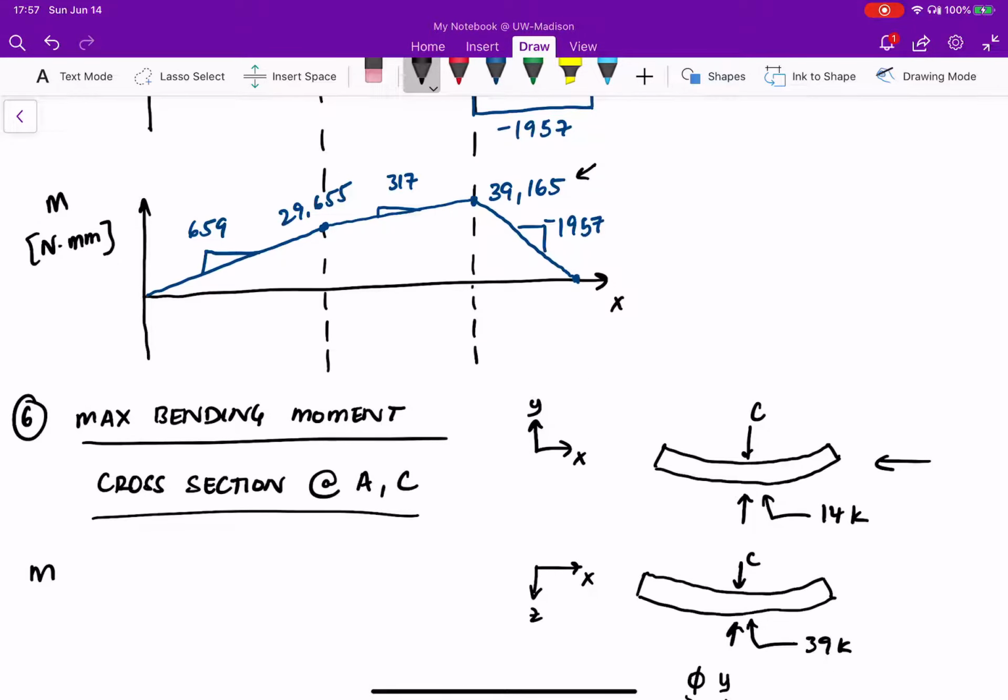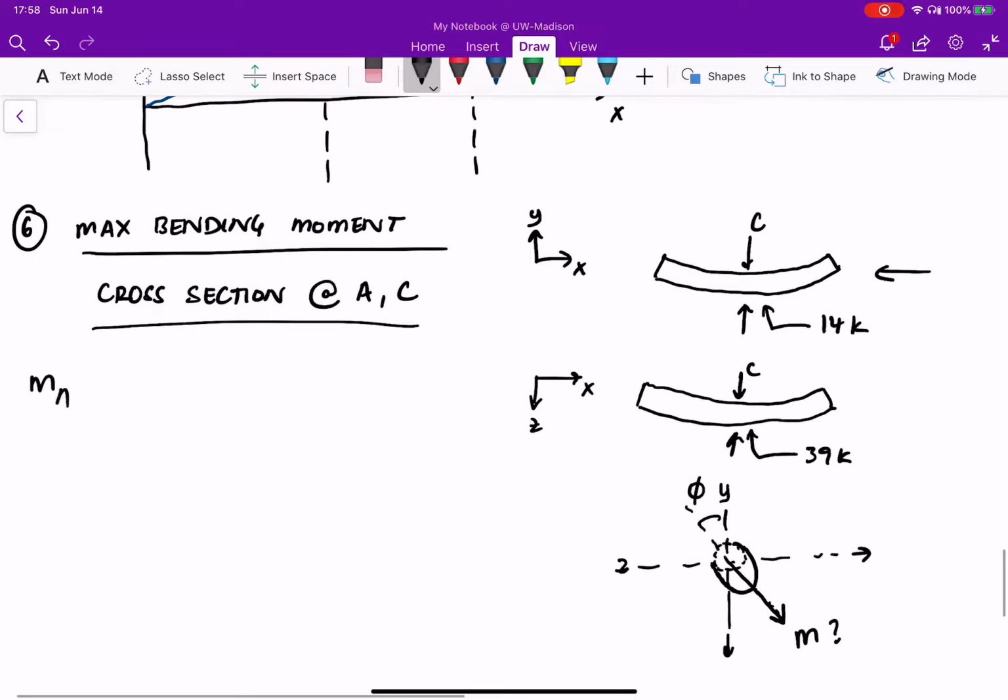There's a possibility that the maximum value could be somewhere in the middle, but for the purposes of this class, we're always going to assume that the maximum moment could be at one of the peaks. You would probably need a numerical solver to figure out the moment at each point on the shaft, but at least for this class, you can just solve for the resultant moment at the peaks and then choose whichever is highest.